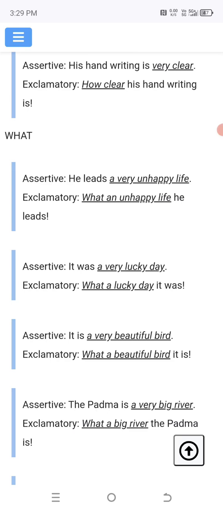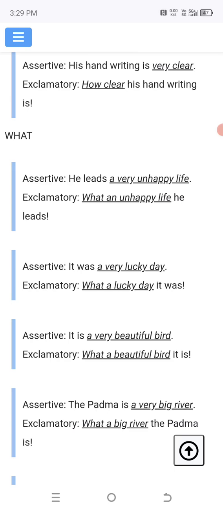Let's change this assertive into exclamatory. He leads a very unhappy life. Here a very means the article a is used in this sentence. That's why we should begin our sentence with what, and we remove the word very from this sentence.